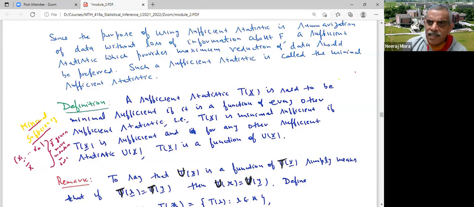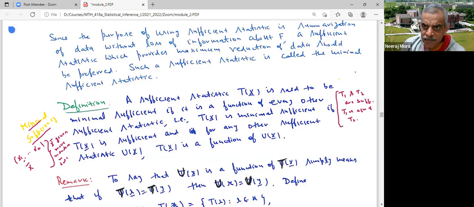So in general, if T1 and T2 are both sufficient, they fulfill our criteria that they reduce the data and they contain the same amount of information. And T1 is a function of T2. If this is happening, which one should you prefer?